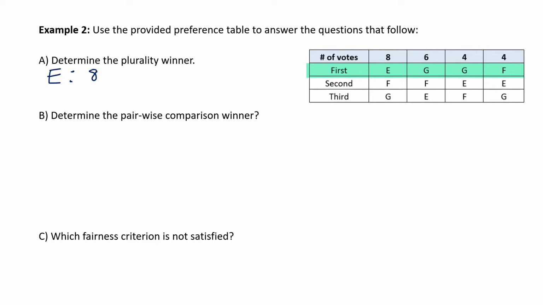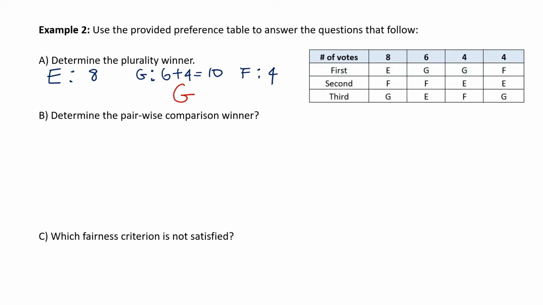Looking along that same row for first place votes, I'll look for G. And G got first place votes on the second and third ballot, so that would be 6 plus 4. G got 10. And F got 4. So the plurality winner is G.